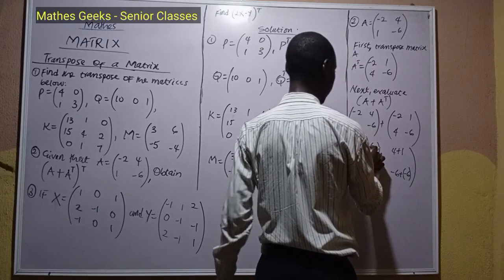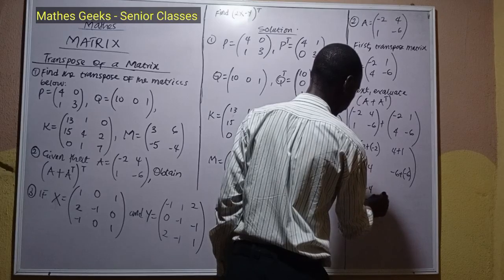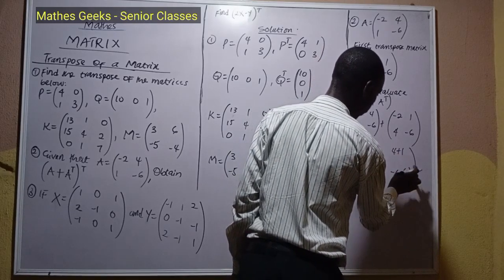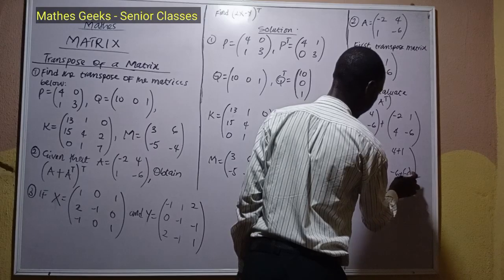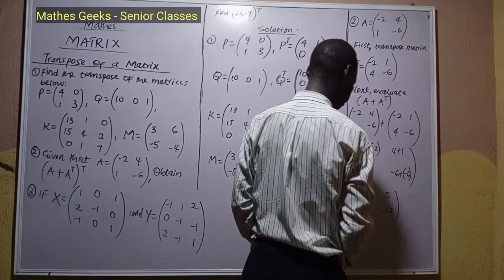Plus sign minus is minus. -2 minus 2 gives us -4. 4 plus 1 is 5. -6 plus sign minus is minus. -6 minus 6 gives us -12.